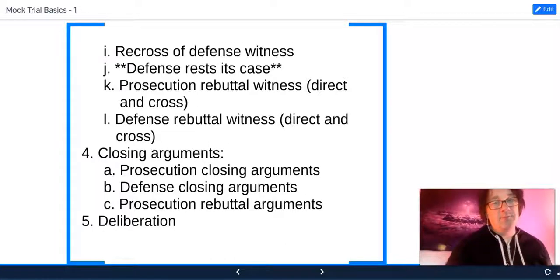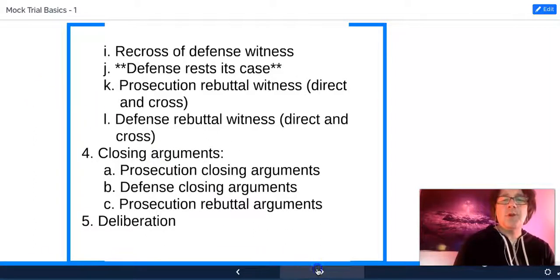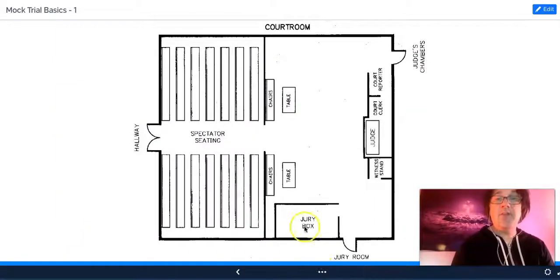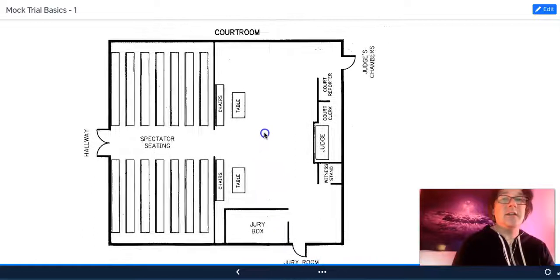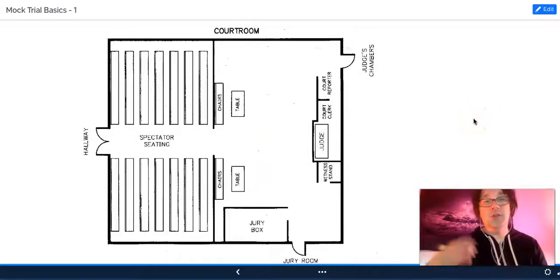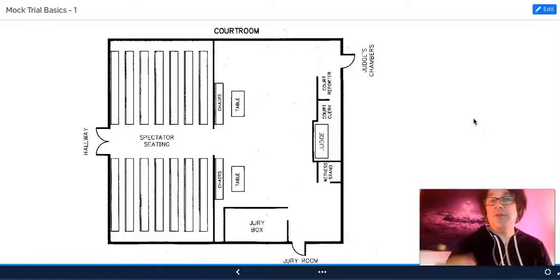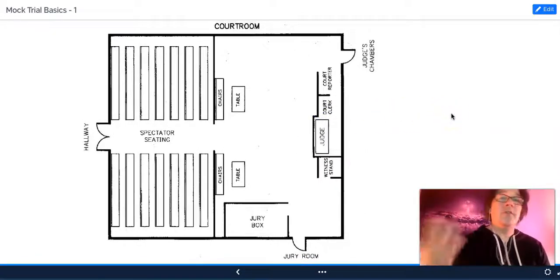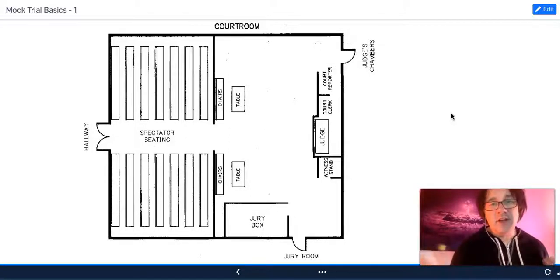So the final step would be jury deliberations, where jurors will go through the different evidence that was presented, discuss it, and go through the judge's instructions that were given to them, go through the different charges and legal definitions of the charges, and ultimately reach a verdict for each of the charges that the defendant was indicted on.